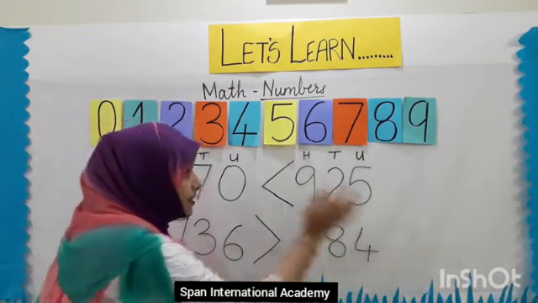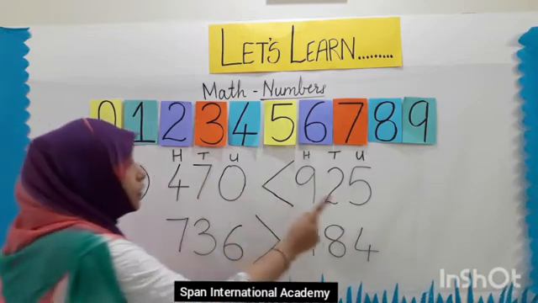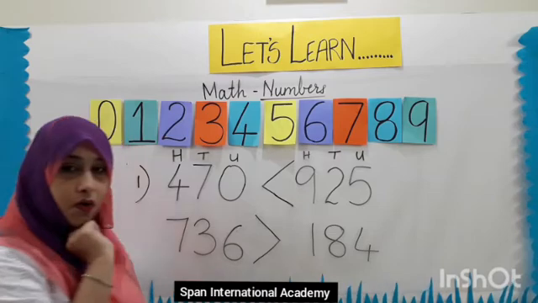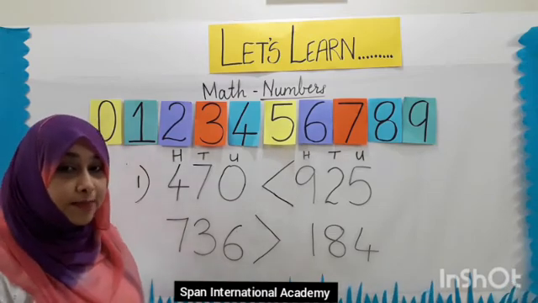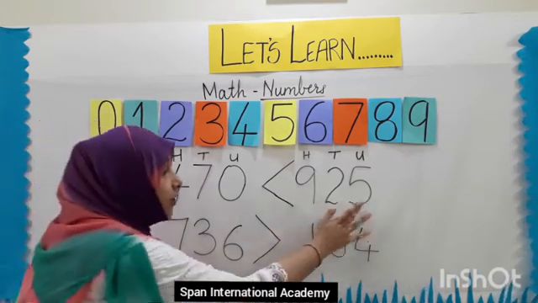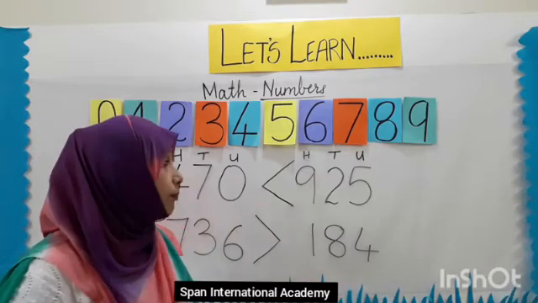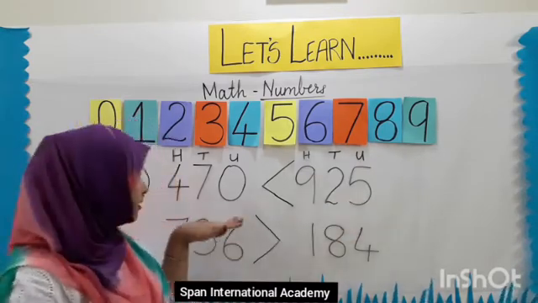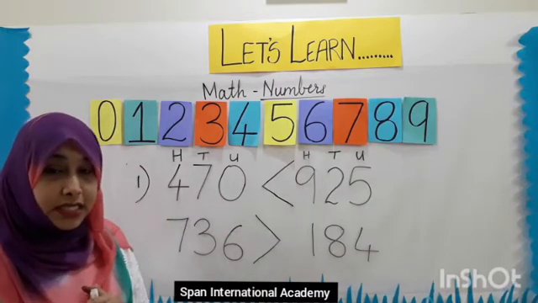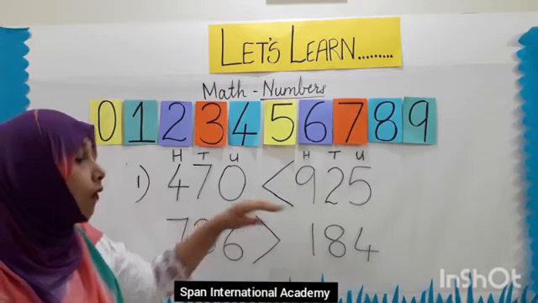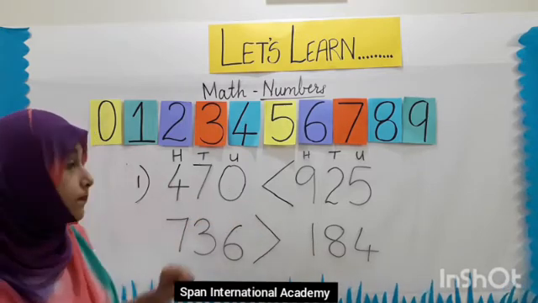Start with the units place. You have number 5 here and you have number 0. So which number is bigger? Number 5. But can you decide, because number 5 in the units place is bigger than the number 0 in the units place? No. You need to see all the numbers, okay?